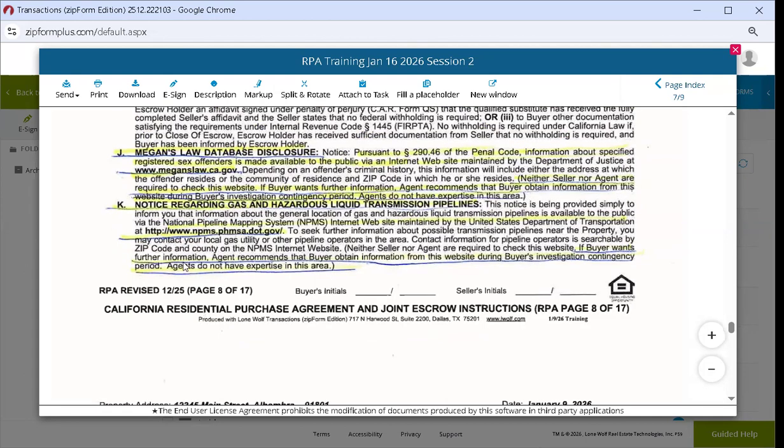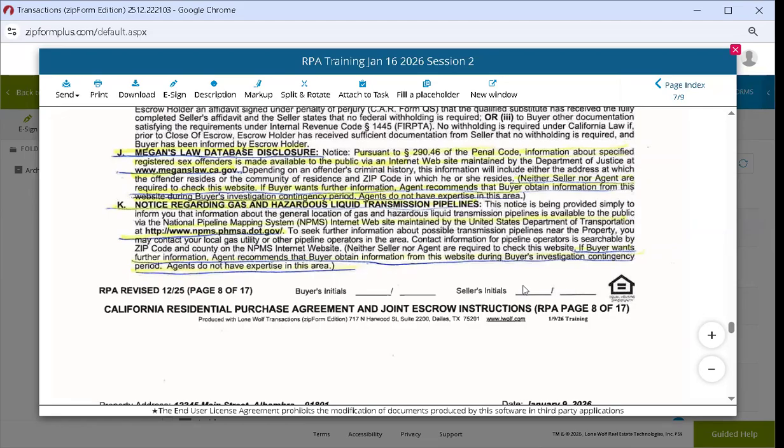And then there's another website here. Notice regarding gas and hazardous liquid transmission pipelines. I'm thinking that's on the NHD too. I'll have John Wax confirm that. But they can check a website here too, for any of this information.